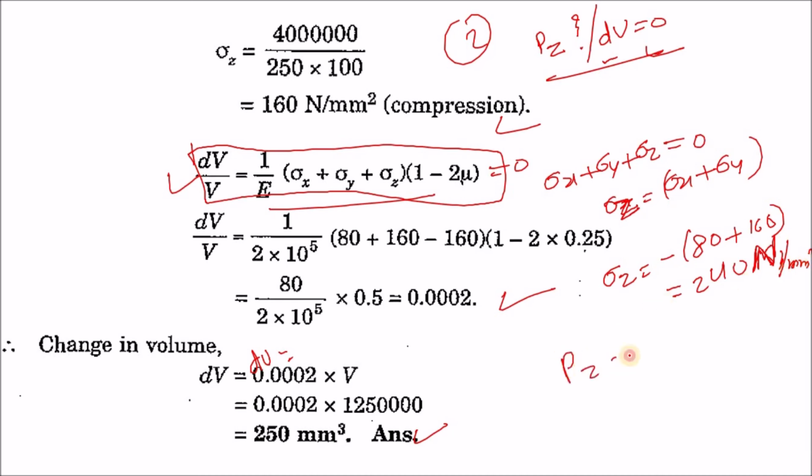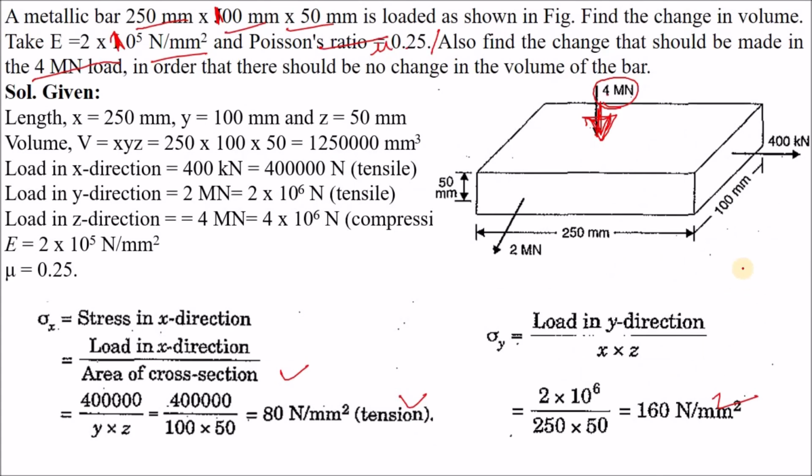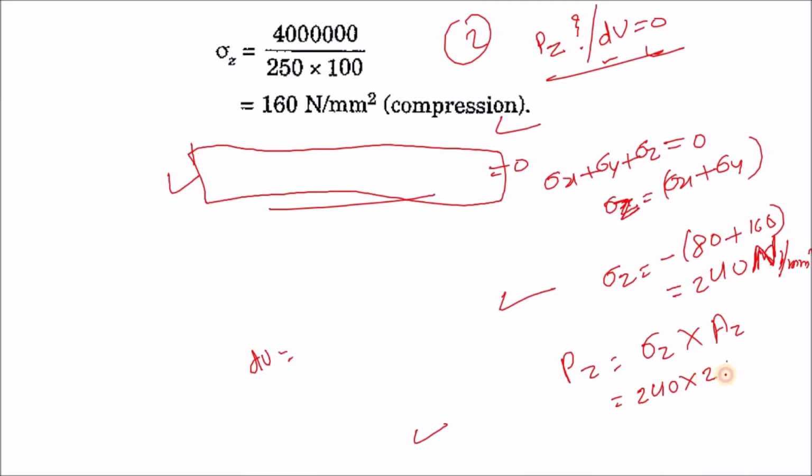So load in z direction equals sigma z into area in z axis. That will be 240 into the area given in z, 250 mm into 100. From that we find 6 into 10 to power 6 Newton, because mm already cancelled.